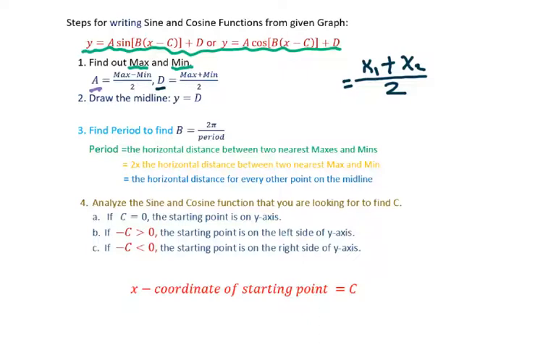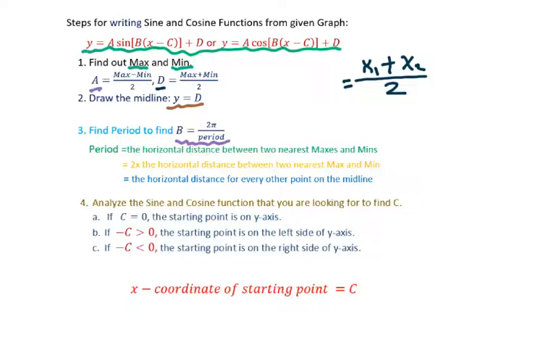After you get D, you need to draw the midline, y equals D. This is very critical for the sine function because the starting point starts from the midline. And we know that B equals 2 pi over period for sine and cosine functions.